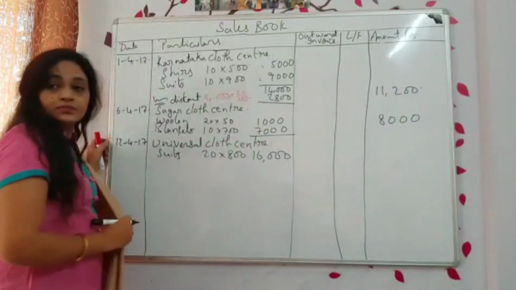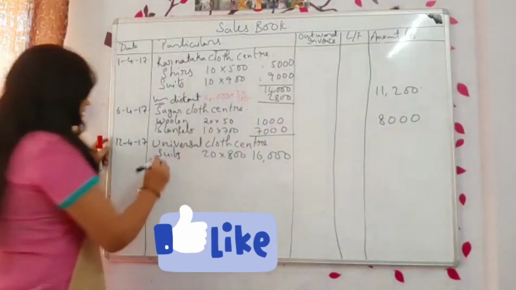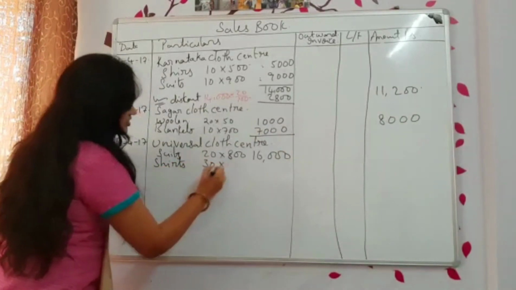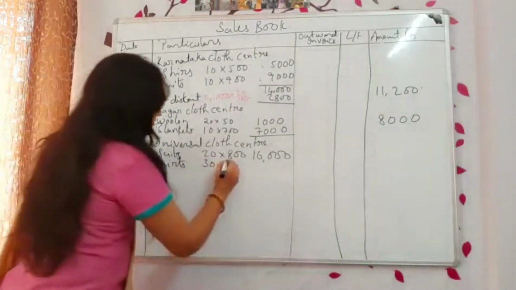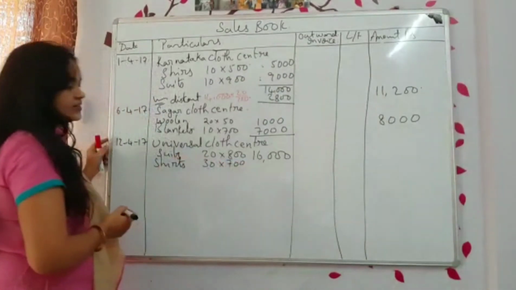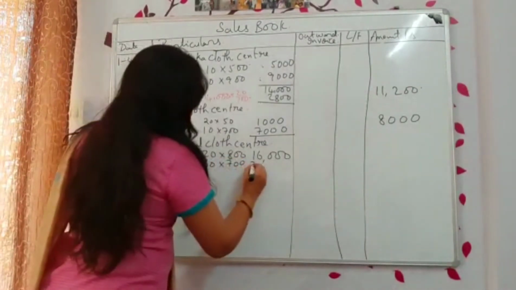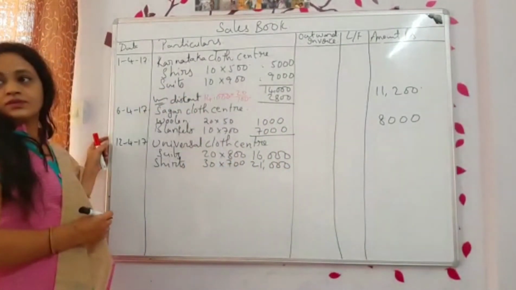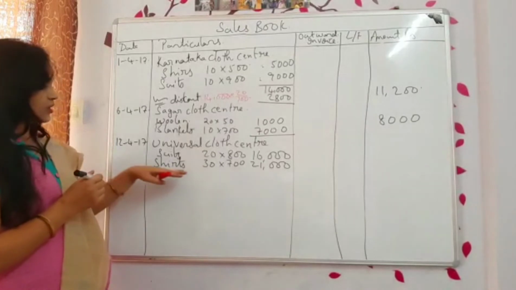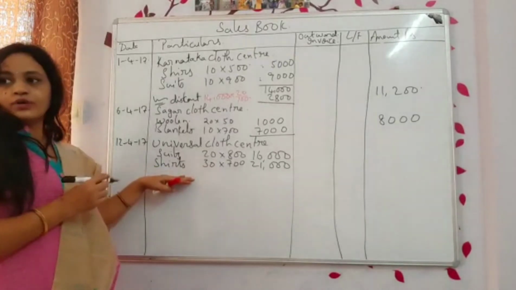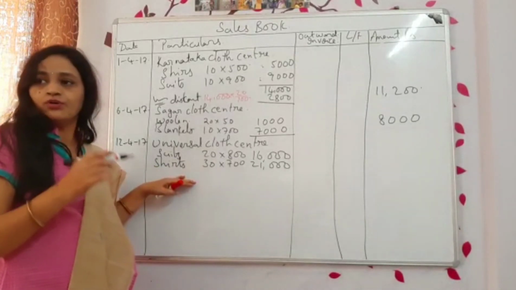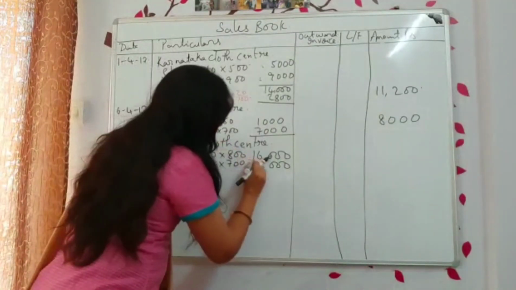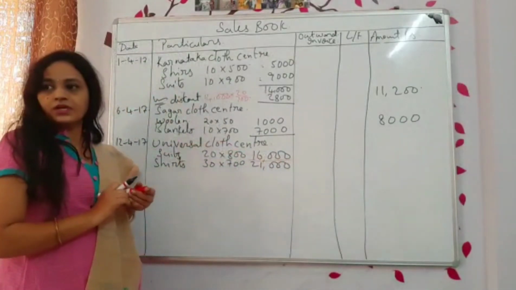Next, 30 shirts at 700 per shirt. 30 into 700 is 21,000. There is a discount at 15%. Only on the shirts they have given you trade discount, so here we will find the discount only for the shirts, not for the whole thing.